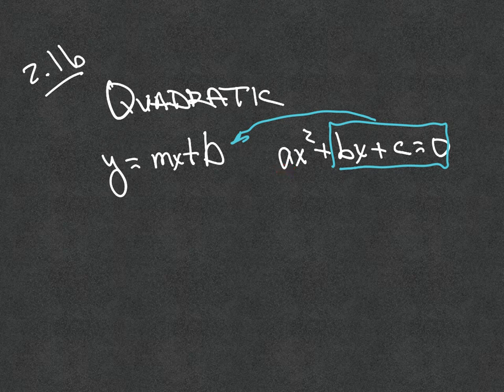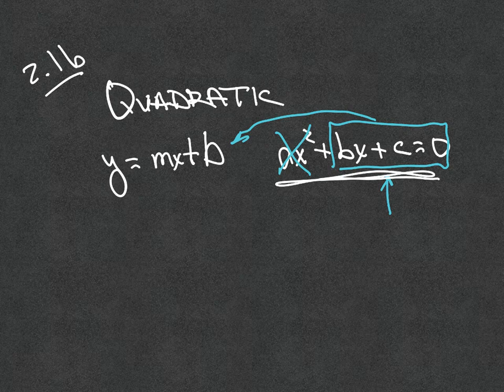But this a here is 0 in a linear equation. 0 times x squared makes this go away. So we're left with the straight line, because this is not there to tweak that straight line into another form.